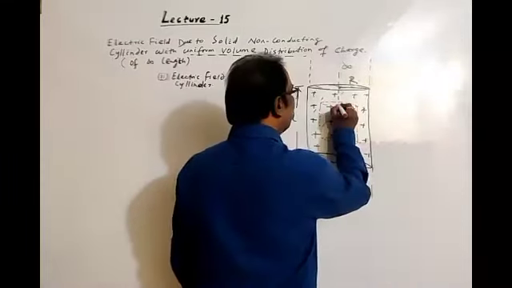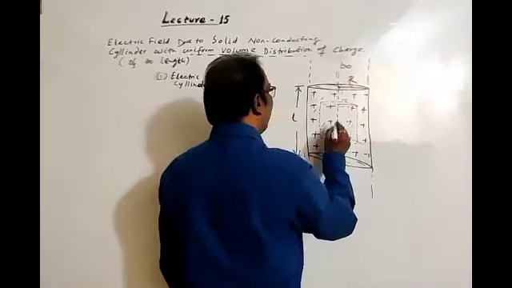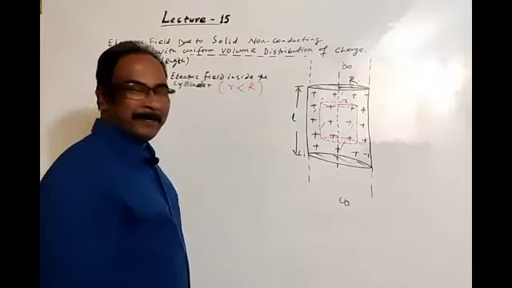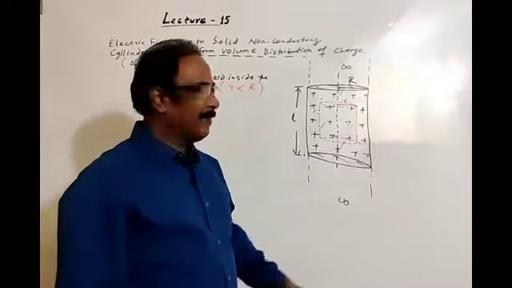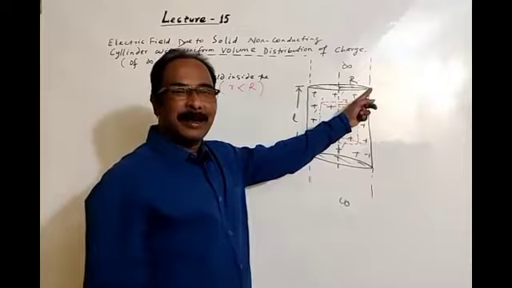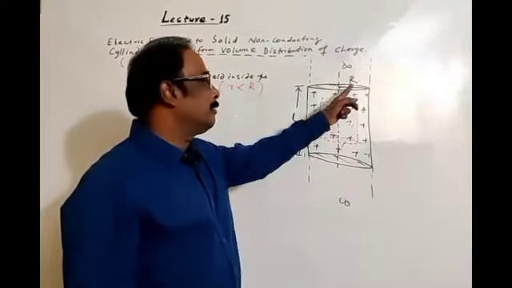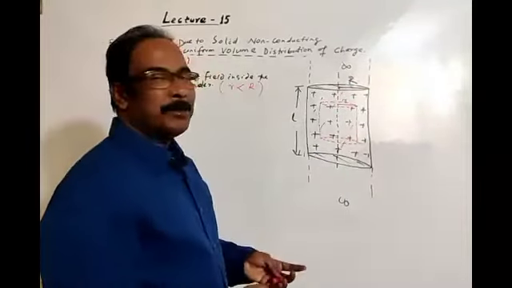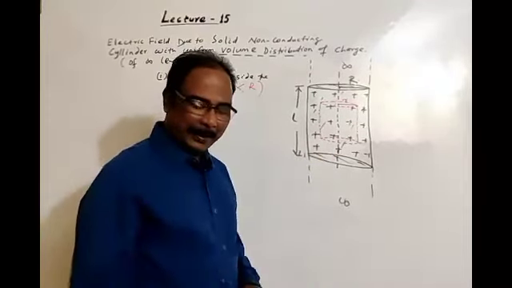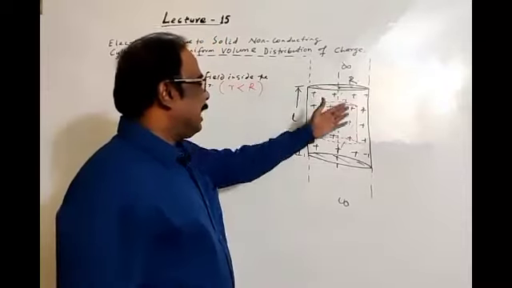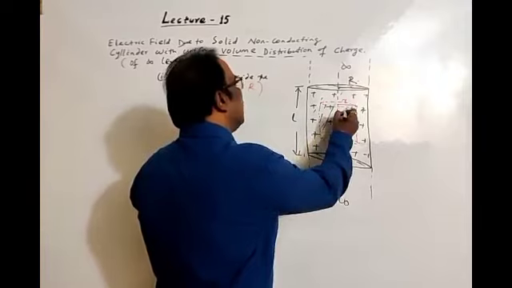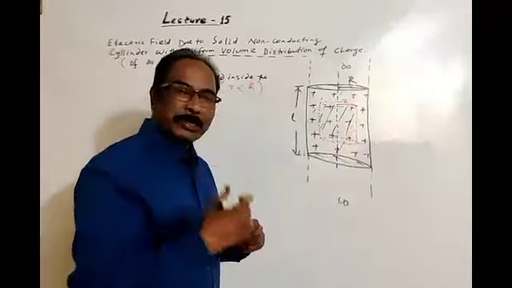Let the radius of this cylinder be smaller, and here small r is less than capital R. So inside the cylinder, this radius of cross section is small r, and the radius of the cross-sectional area of the given charged cylinder is capital R, and this is the axis of the cylinder. Since there is volume distribution of charge, this imaginary Gaussian surface encloses a charge.